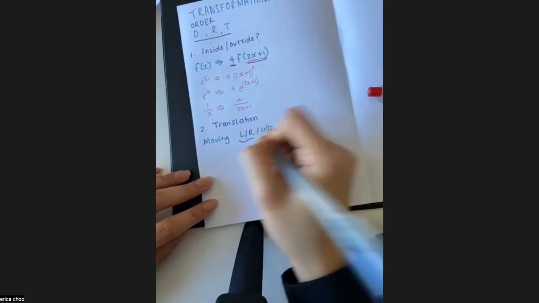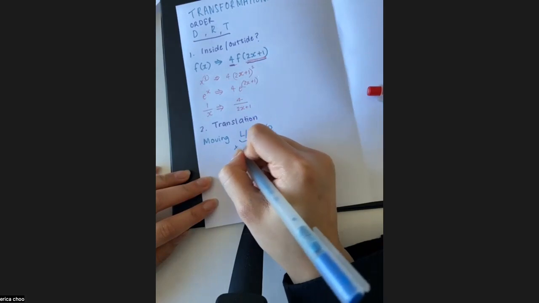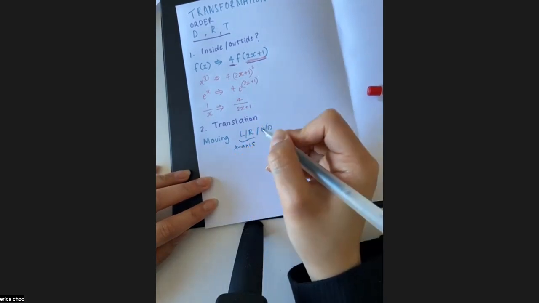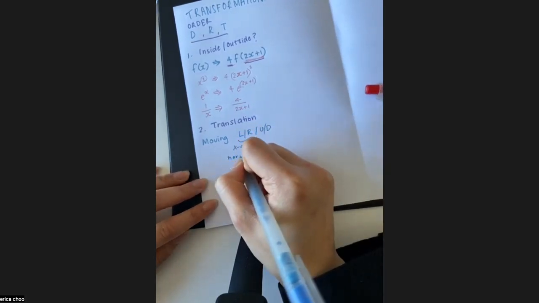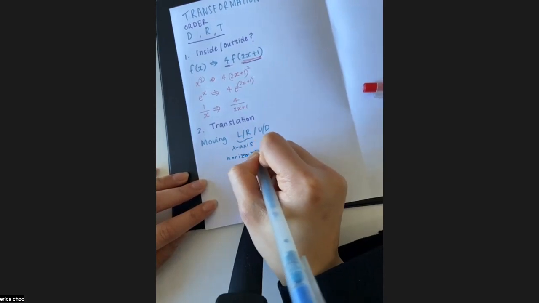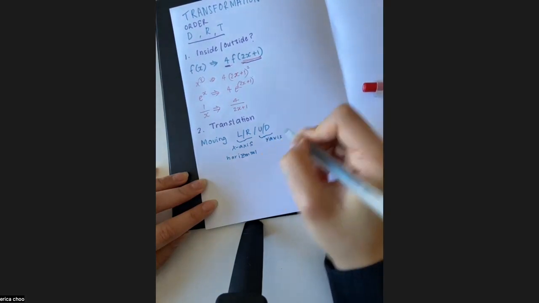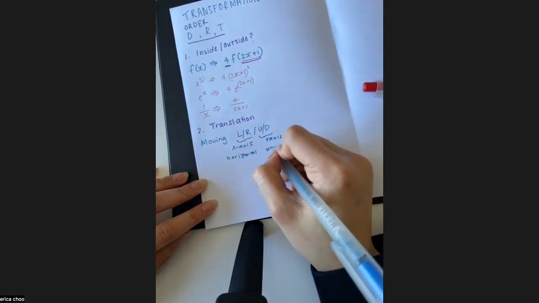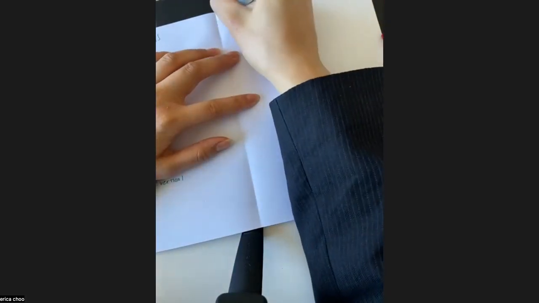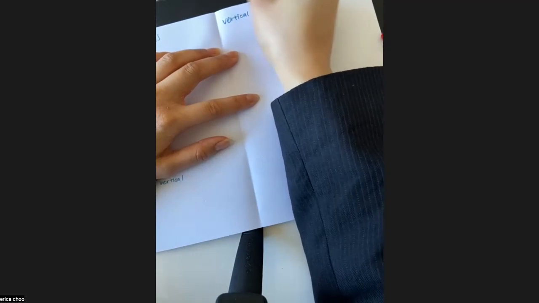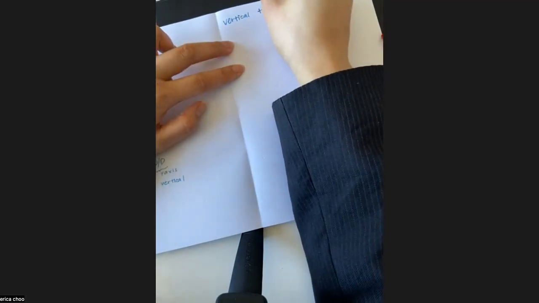If you're moving left and right, you're dealing with the x-axis, which is what we call a horizontal translation. If you're moving up and down, you're dealing with the y-axis, which means a vertical translation. Let's start with a vertical translation.